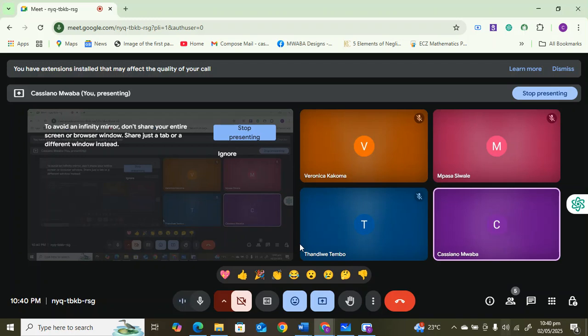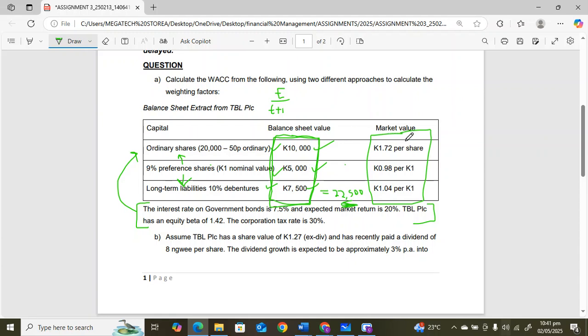Now, we also need to get the weights using the market values. So here, we need to get the total market value for ordinary shares, total market value for preference shares, total market value of debt.